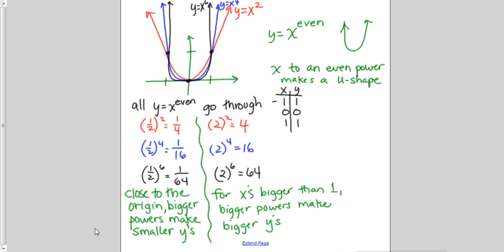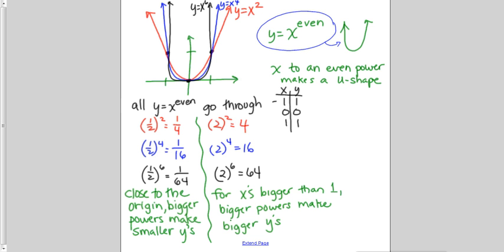If I'm graphing y equals x squared, that's shown in red up here, that's a U shape. Y equals x to the fourth is a U shape. Y equals x to the sixth would make a U shape. X to any even power is going to make some sort of U shape.